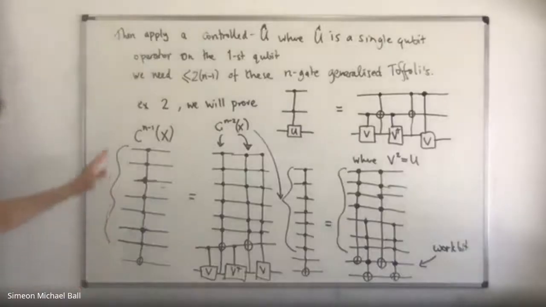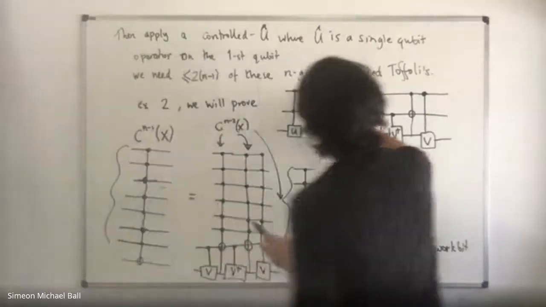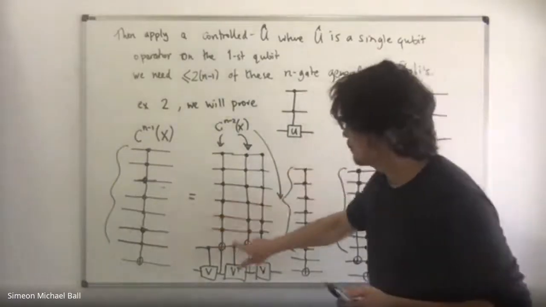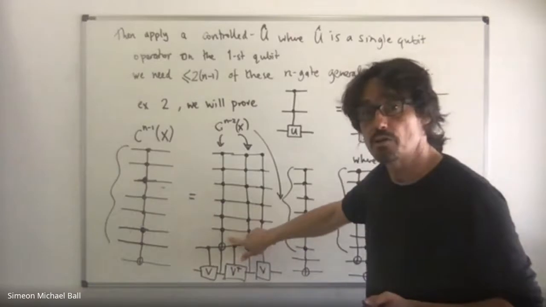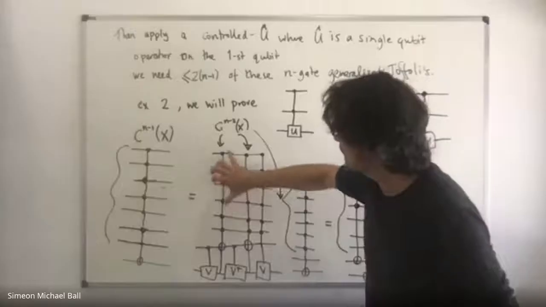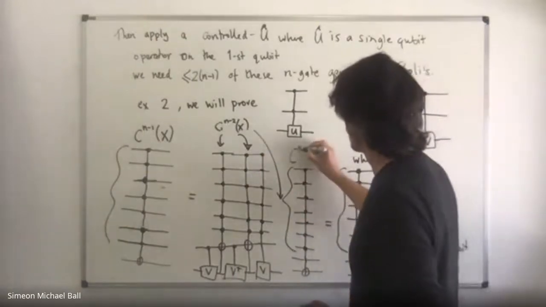Okay, let's start again. I'm trying to break down the Cn minus 1. First, I'm using exercise 2, in which you're going to prove this, to show that I can break them down to two Cn minus 2 gates. And now take the Cn minus 2 gate apart. So this is now Cn minus 2.